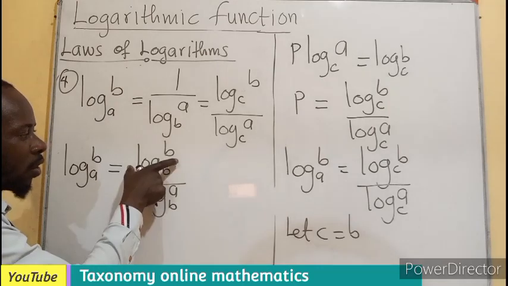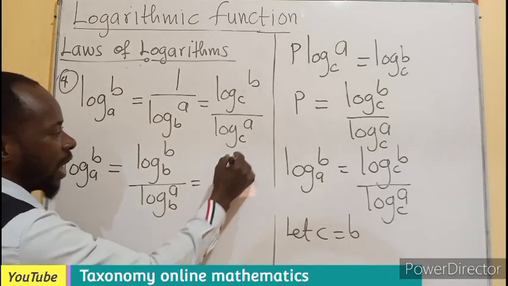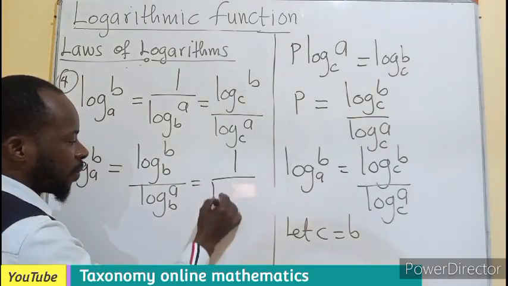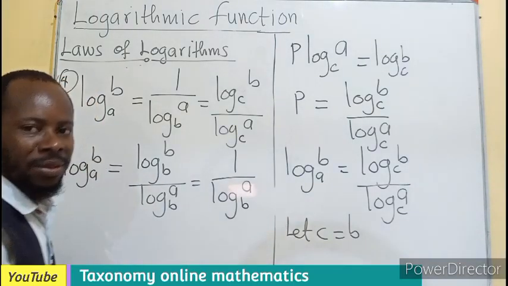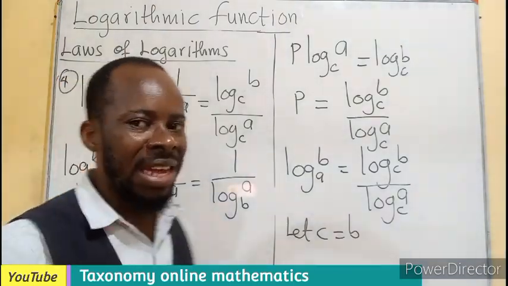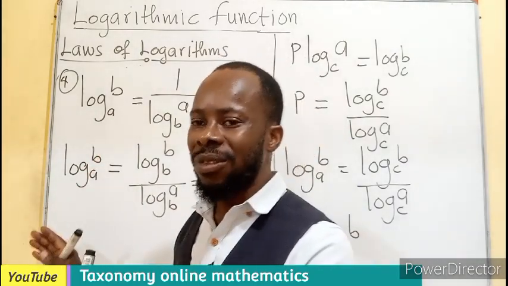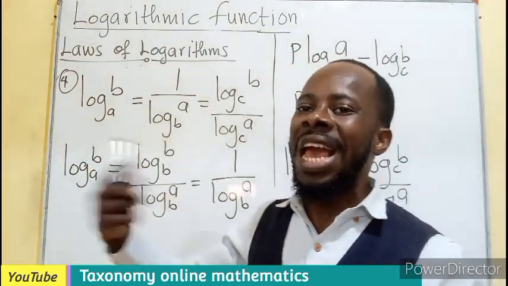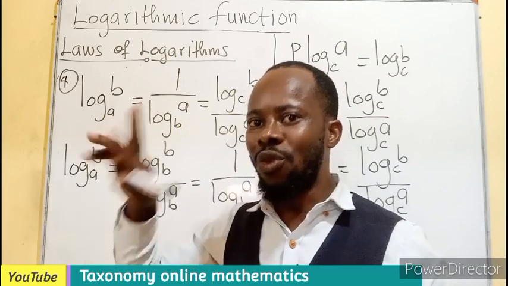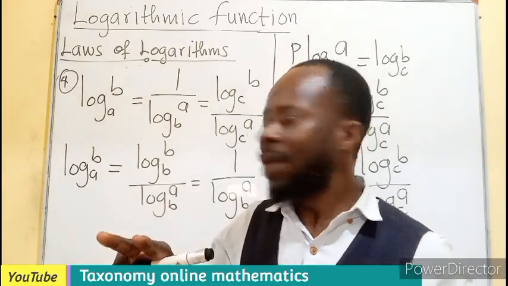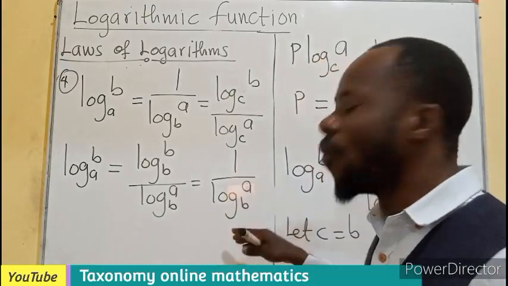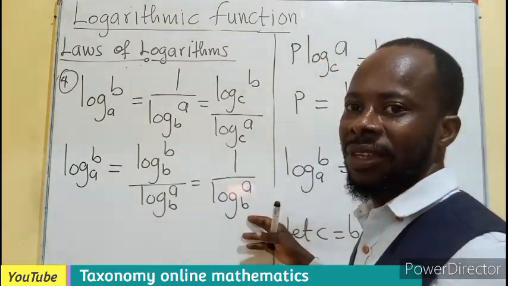And you can agree that log b base b is just 1. So 1 over the log a base b. So if you don't want to introduce a different base, you want to maintain the two bases you have by only swapping them, you have 1 over the change of the base.